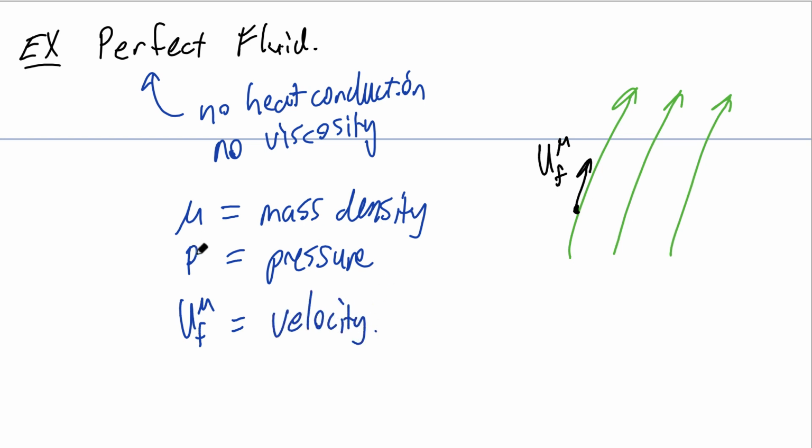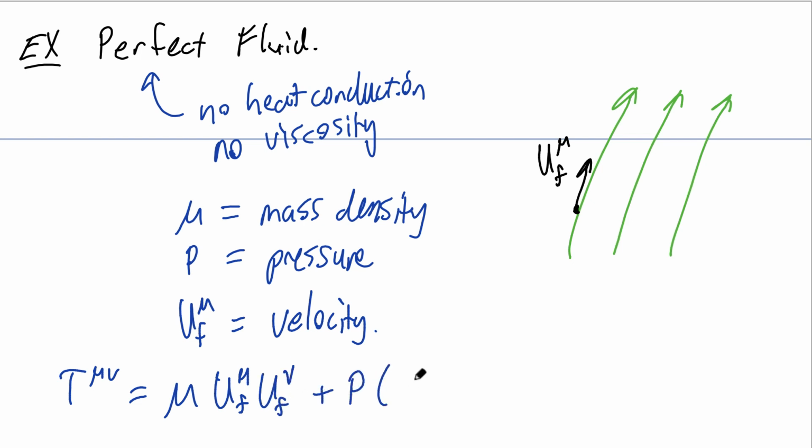Then the stress energy momentum tensor for this perfect fluid is defined as follows. T mu nu is equal to the mass density times u mu sub f, u nu sub f, plus the pressure times the metric g mu nu plus u mu sub f, u nu sub f.